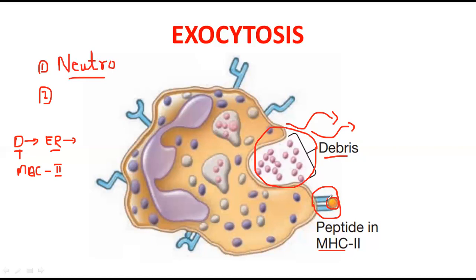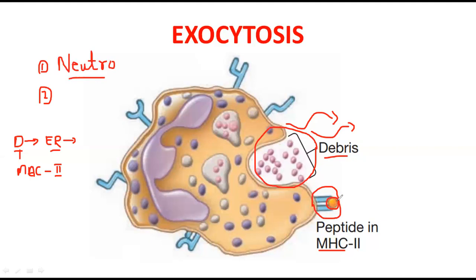This is only performed by the B cells, the macrophages, and the dendritic cells. The plus point of this process is that these debris are not introduced into the bloodstream. They are processed in a unique manner, and these are presented to the other immune cells.